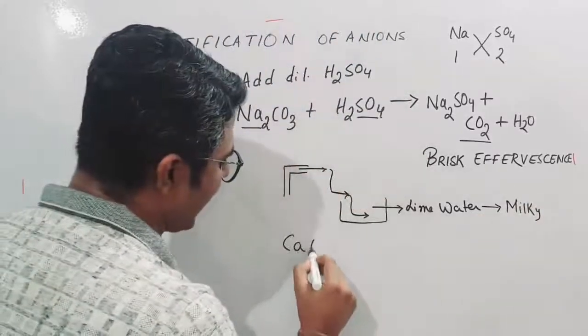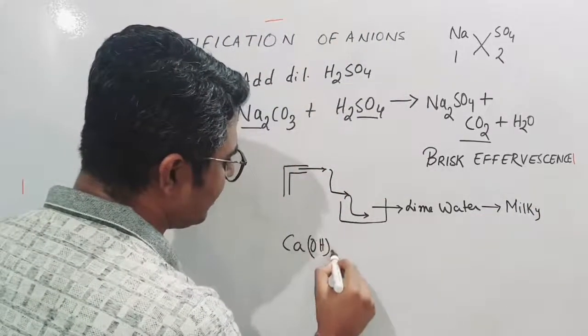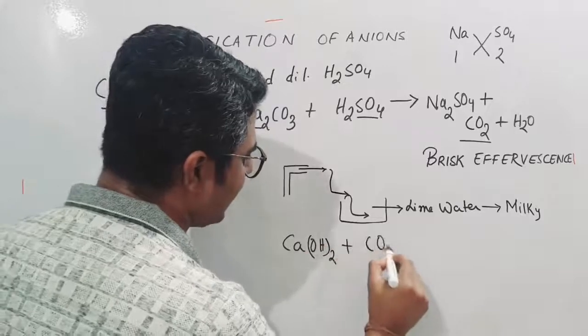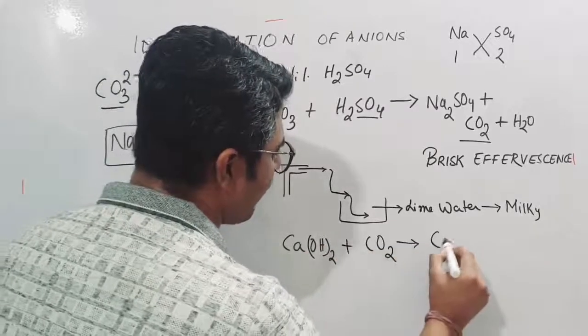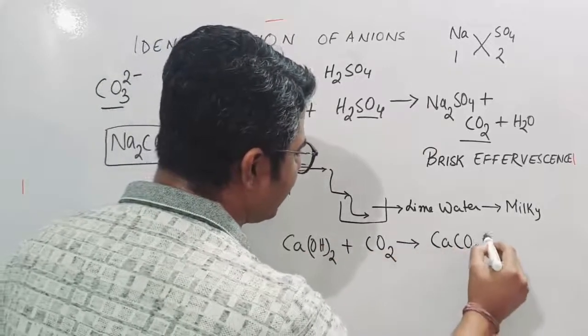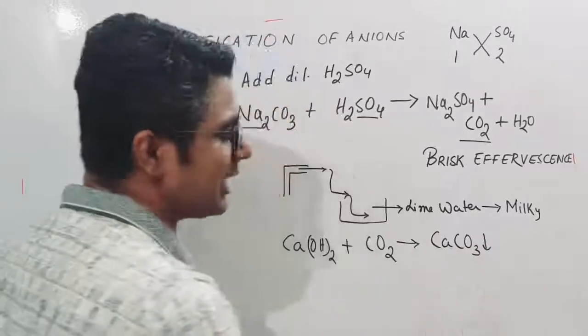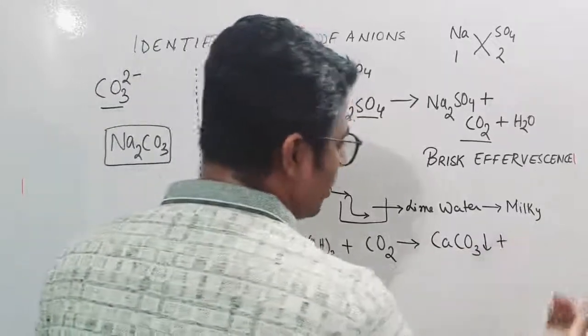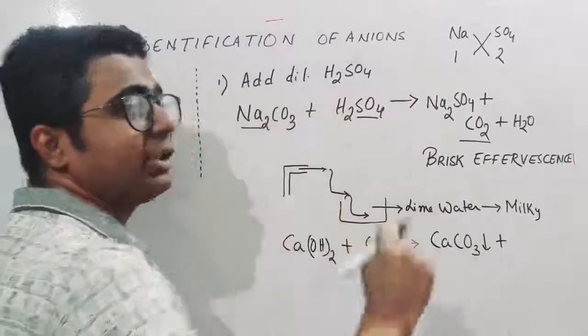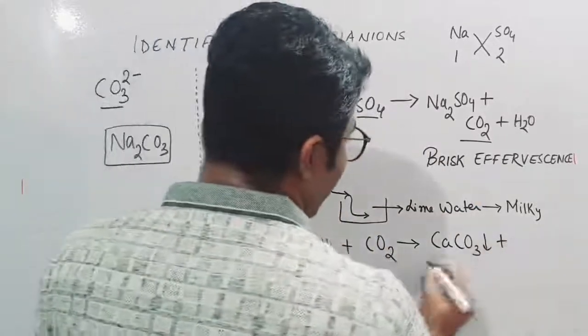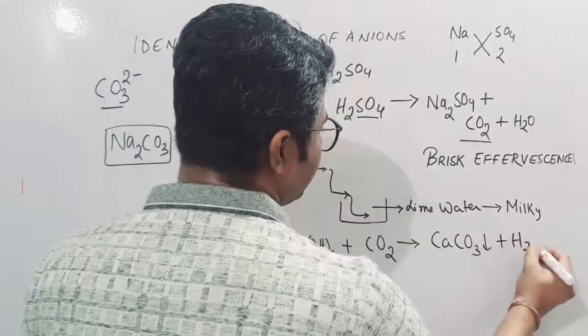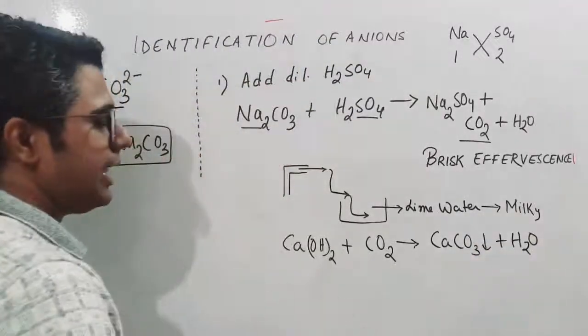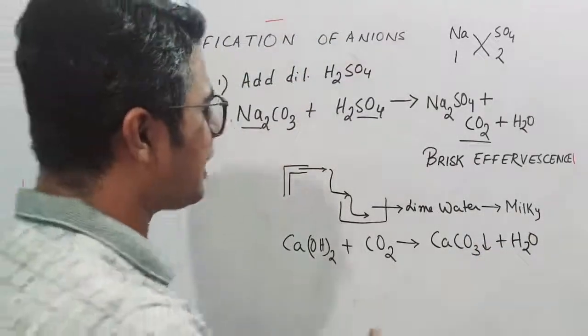Lime water means calcium hydroxide, and calcium hydroxide will react with CO2 to form calcium carbonate. This is nothing but a precipitate. This is basically marble and nothing else, or chalk, the chalk that I use for writing on the blackboard. The same thing, and here I will get water. The reaction is already balanced. So this is how you get the lime water milky.